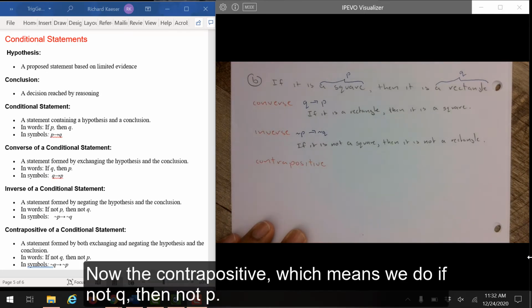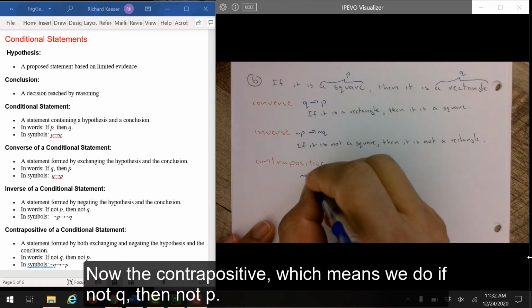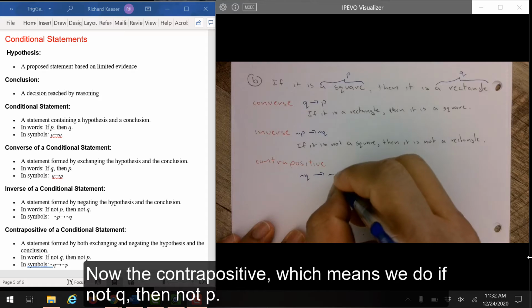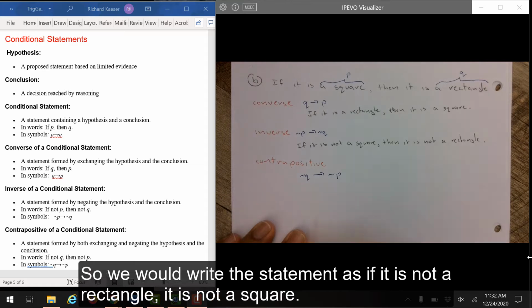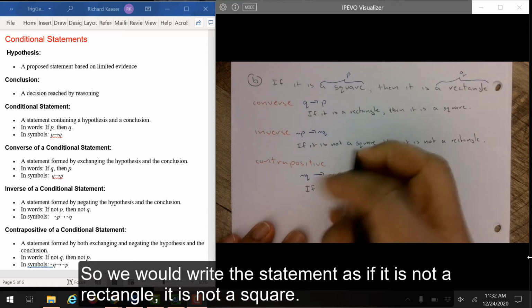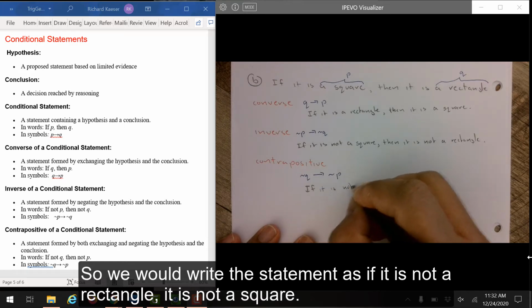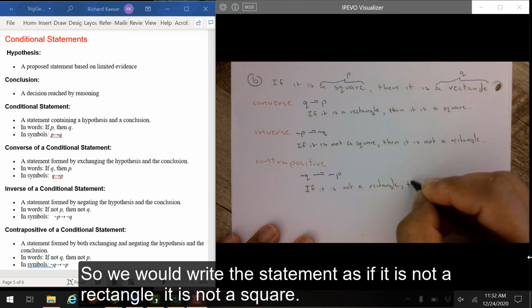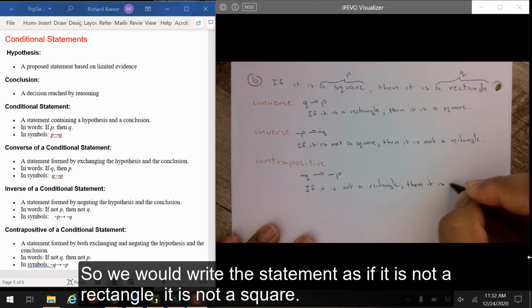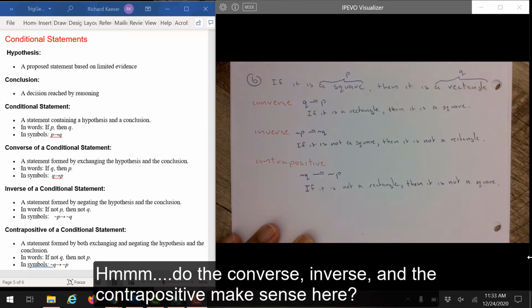Now the contrapositive, which means we do if not Q, then not P. So we would write the statement as if it is not a rectangle, it is not a square. Do the converse, inverse, and the contrapositive make sense here?